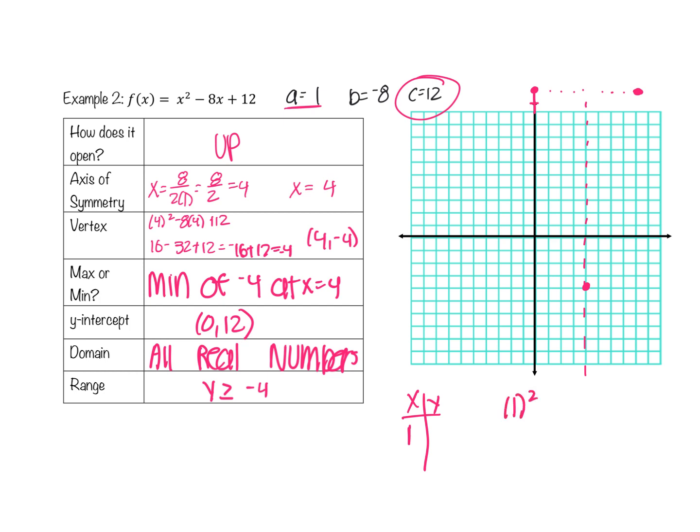So we get 1 squared minus 8 times 1 plus 12. 1 squared is 1. -8 times 1 is -8. 1 minus 8 is -7. -7 plus 12 is 5. So I have a point at 1, 5. I can see that is 3 spots away from the axis, so 3 spots away on the other side I will also have a point at y equals 5. And then I can just draw in my parabola.